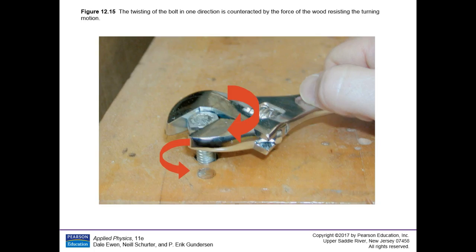This is called a torsion. Now that almost sounds like tension. It's not. This is T-O-R, not T-E-N. Torsion. Okay? It's a stress related to a twisting motion. All these are stresses related to a twisting motion.